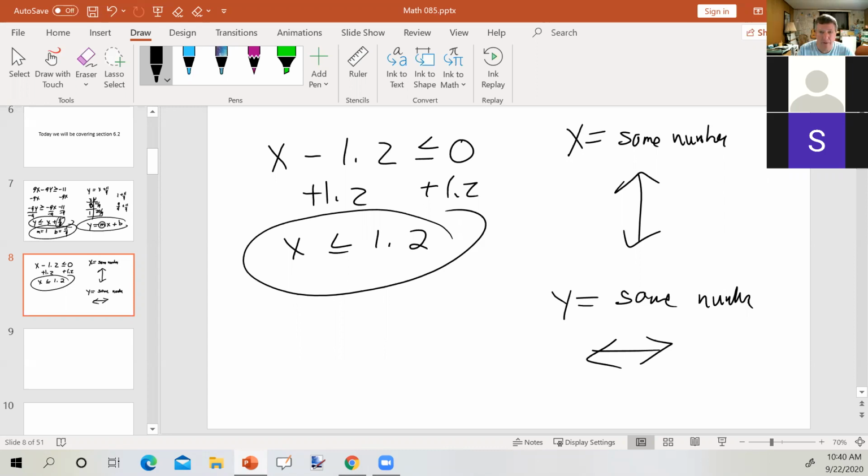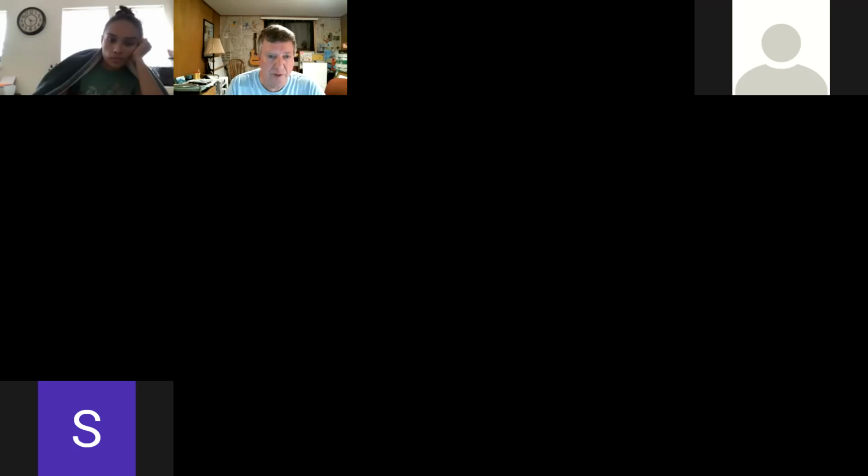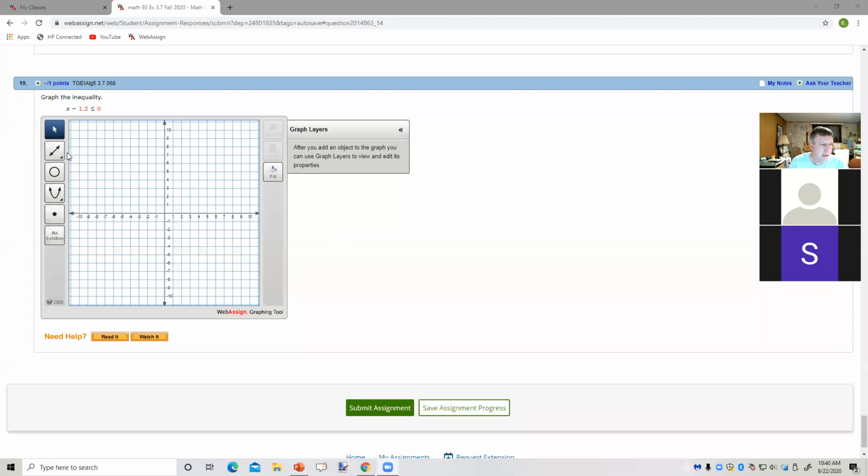All right, so now let's go back to the WebAssign screen. And again, we're going to click on this to get it blue. So x is 1.2. Y can be anything at once. Well, if x is 1.2, y could be 0. If x is 1.2, y could be 3.